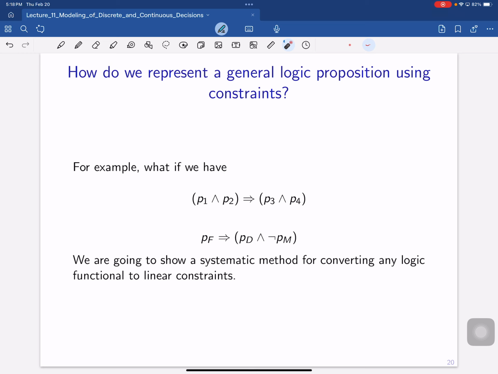Or you can use the truth table and, by inspection, sit there for a few tens of minutes and find a condition. But those would be a little bit arbitrary. It would be nice to have a systematic method for converting any logic conditions into linear inequalities. That's what we will introduce in the next few slides. Give me any arbitrary logic conditions, and I can always follow this recipe to convert them into linear inequalities.